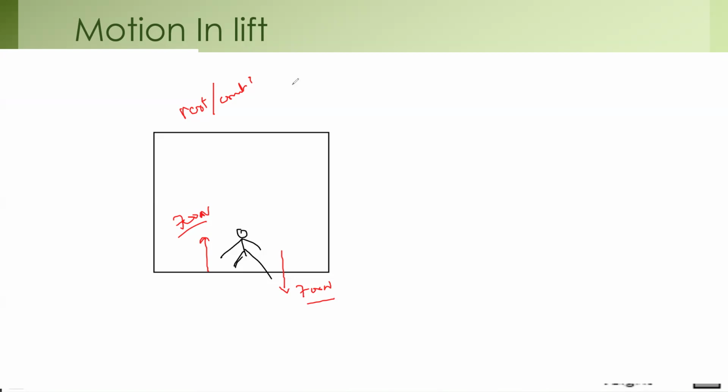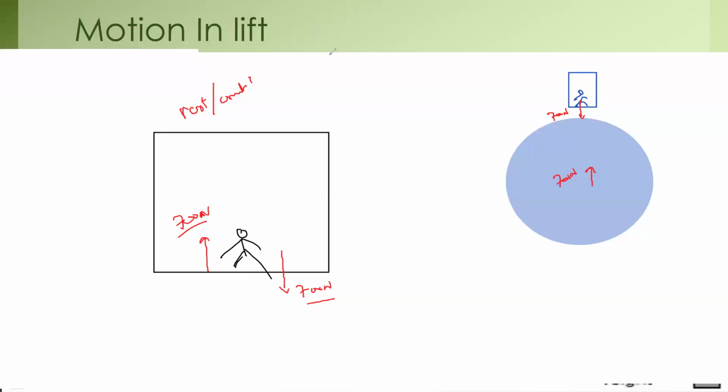And if you consider the earth, the earth is pulling you by a force of 700 Newton. That's your weight, and you also pull the earth by the same force in the opposite direction.